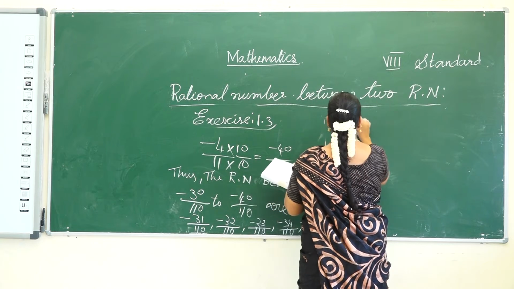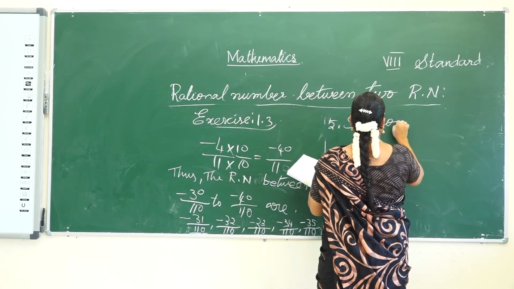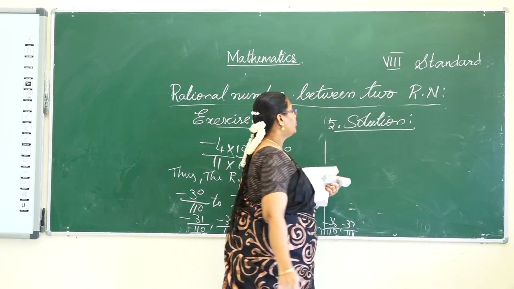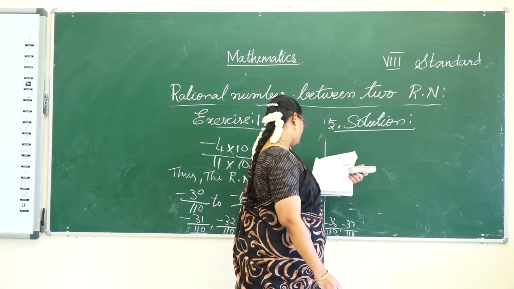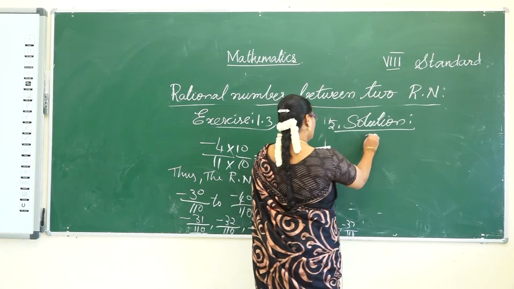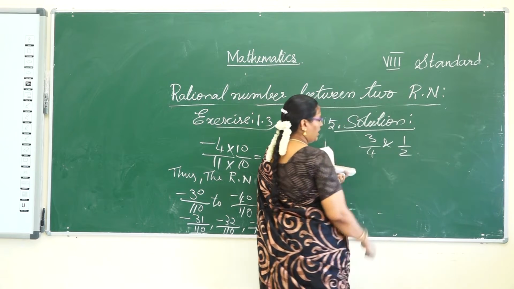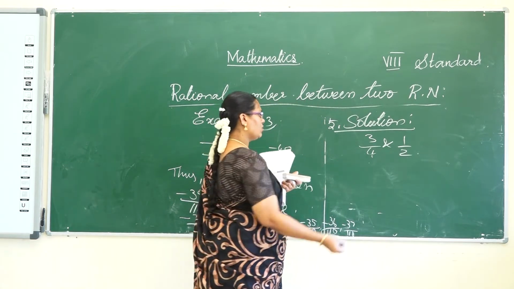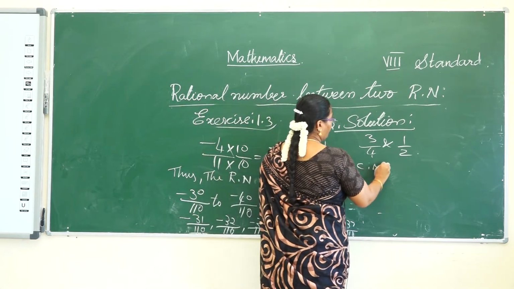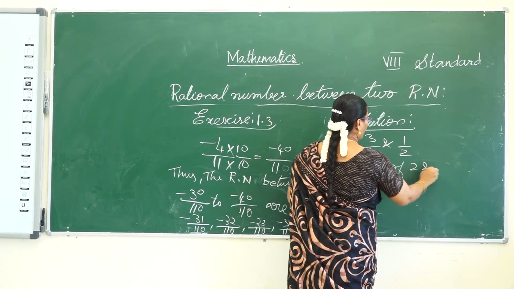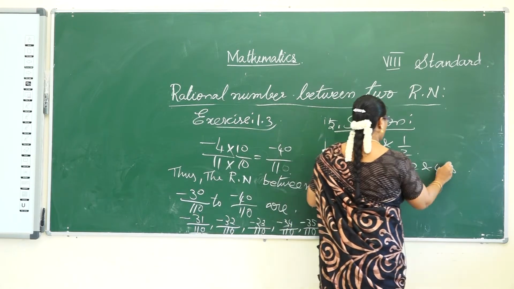Okay, I will do it. So fifth one, 6 rational numbers between 3 by 4 and 1 by 2 is given. Here the denominators and numerators are different, so take the LCM of 2 and 4, which is 8.